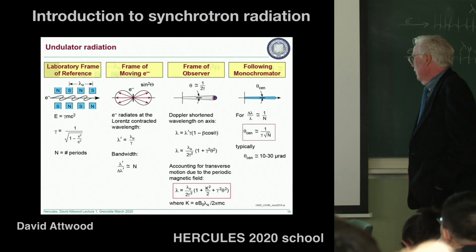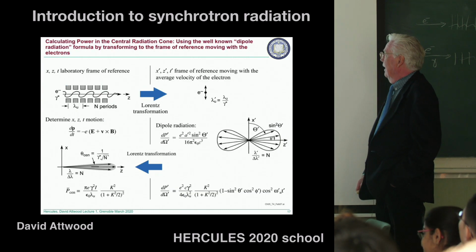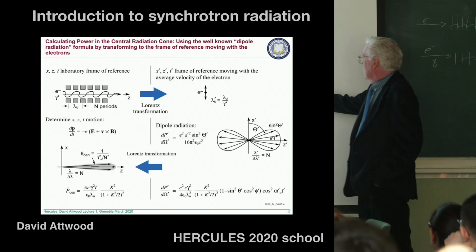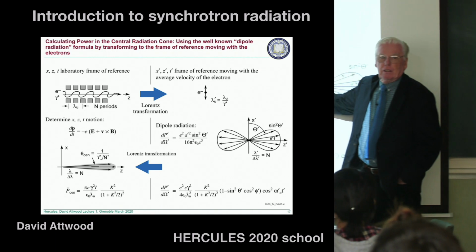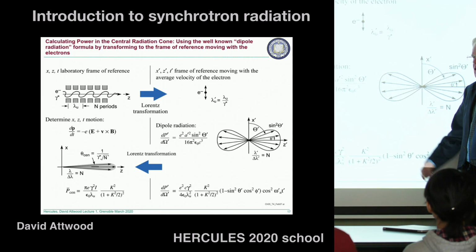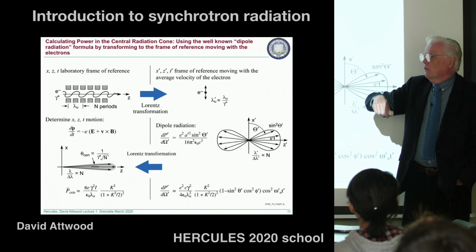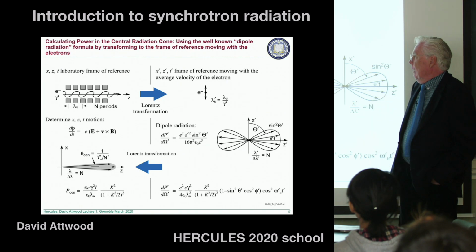Okay, so some motivation. The power calculation, this dipole radiation, is just well known for electrical engineers and for physicists. It's the same as any kind of oscillating electron, whether it's in the radio frequency wave or the visible or the X-rays.